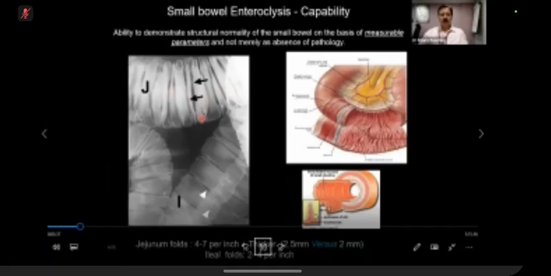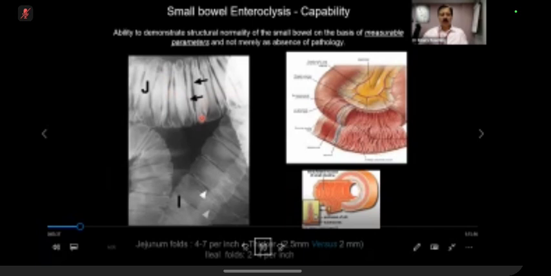This, as you told, is in the jejunum. The striking abnormality that I can see is that the jejunal folds are not what we expect to see. So there seem to be less valvulae conniventes. Excellent. Yes, so that means that the folds are less.